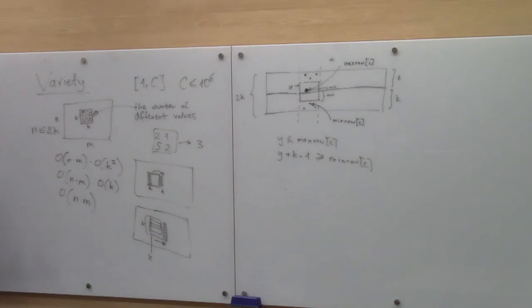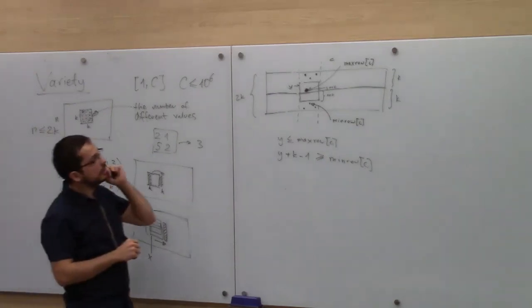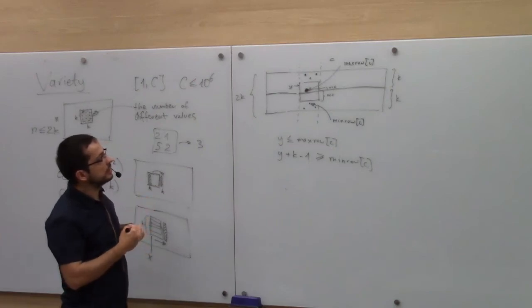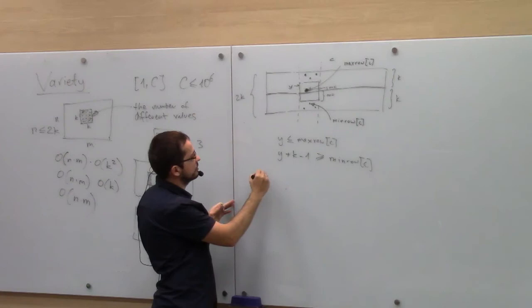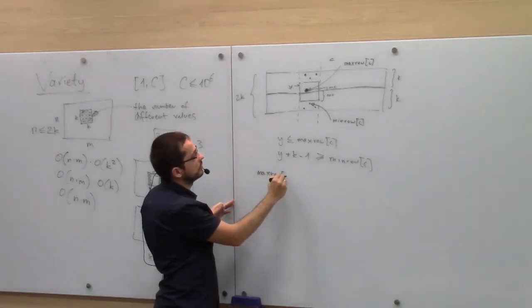Okay, and are there any cases in which we have element C? Okay, so max row is equal to 0.